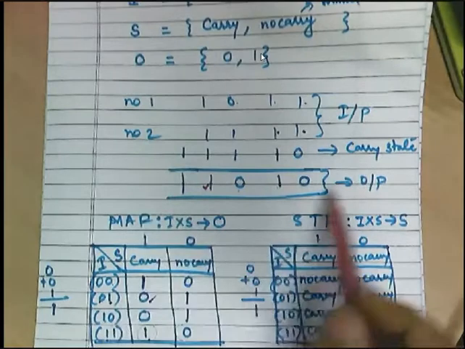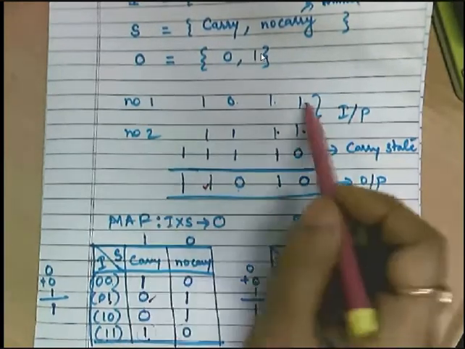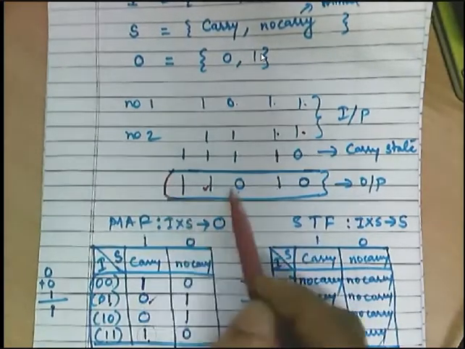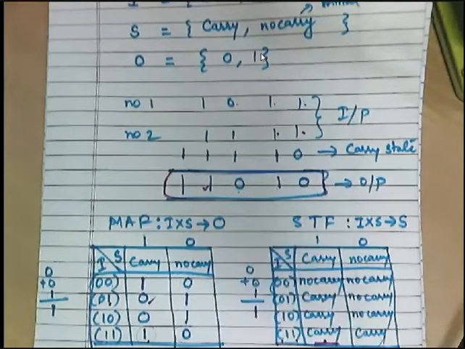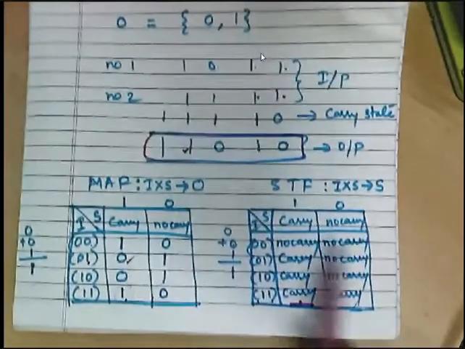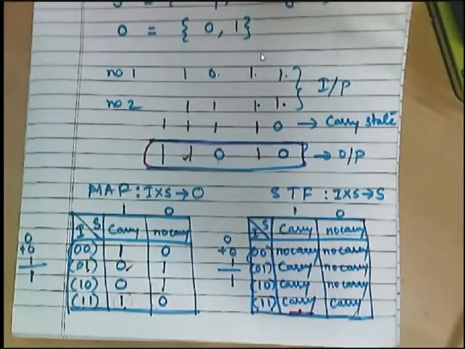So what will our output be? If we collect output from LSB to MSB, our final output will be this. So if you take any number, using these tables, you will get the correct output. Is it clear?